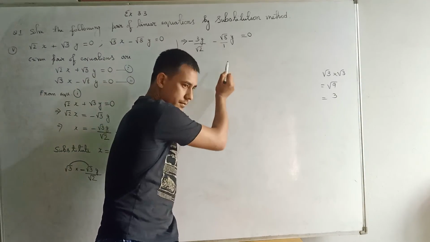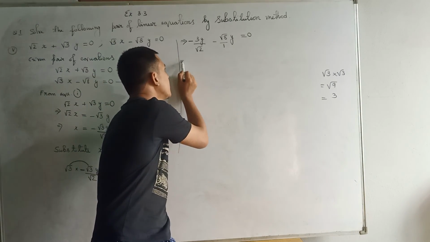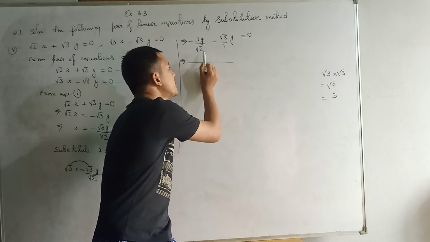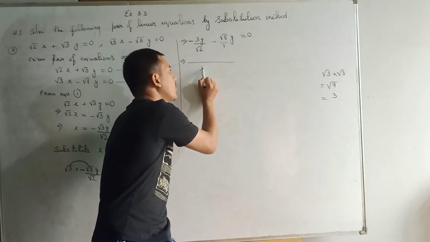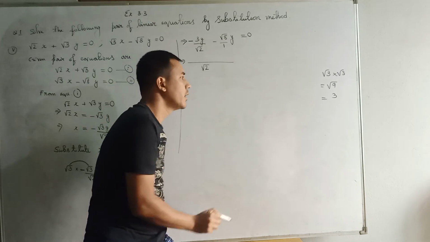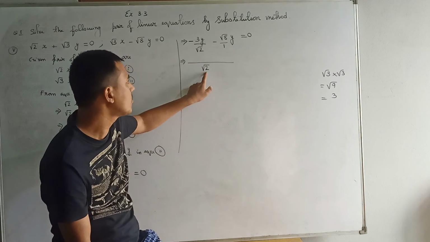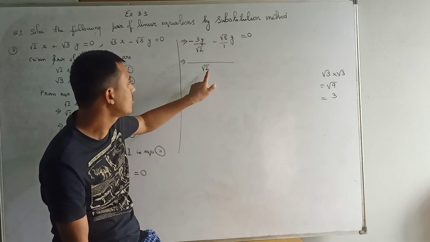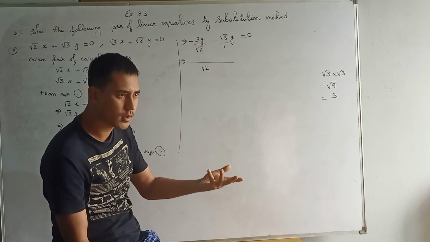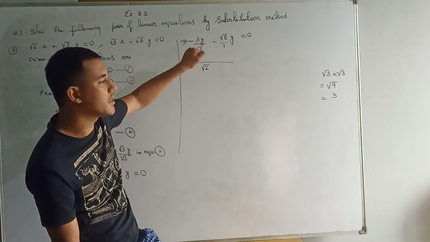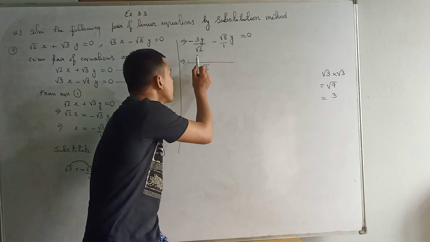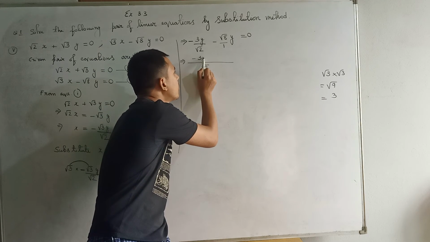We take LCM. The LCM of square root of 2 and 1 is square root of 2. Now you compare the LCM with the denominator. Root 2 divided by square root of 2 is 1. So 1 times the numerator minus 3y is simply minus 3y.